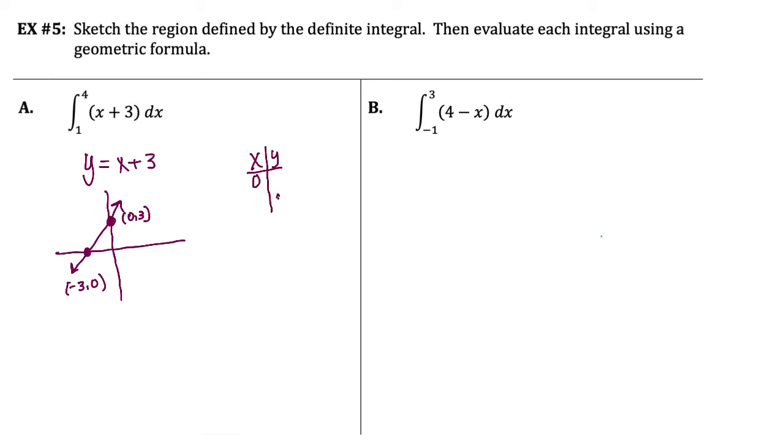Let x be 0 and then let y be 0. That's where these points come from. And so your bounded region is sitting inside here. And so your area of a triangle is 1/2 base times height. So the area for this triangle is 1/2 times 3 times 3, which is going to be 9/2. So that's going to be your answer to this one. But y'all don't have to worry about those. We'll do these a different way.